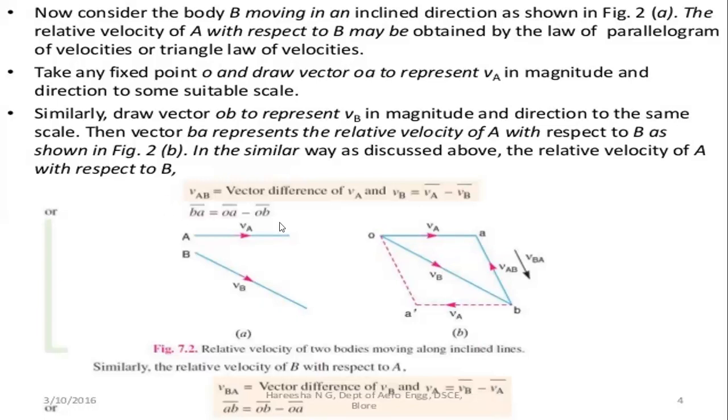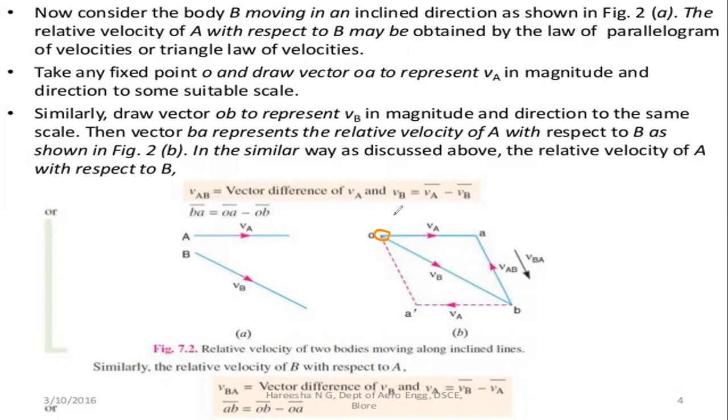And take any fixed point O. This is the fixed point O. And draw vector OA to represent VA.